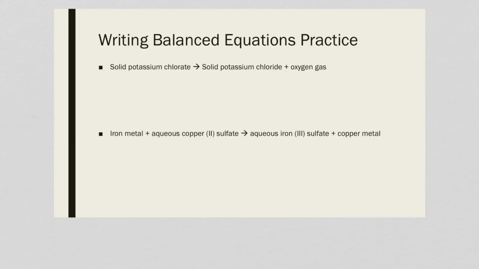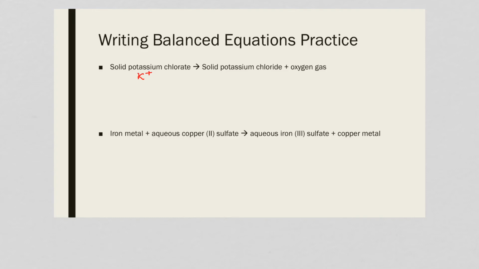So, solid potassium chlorate. First of all, we have to know, what is potassium chlorate, right? Well, we know it's an ionic compound, because it has a metal in it. We hopefully recognize chlorate as one of our polyatomic ions. Potassium in an ionic compound is K+, it has a charge of plus 1.